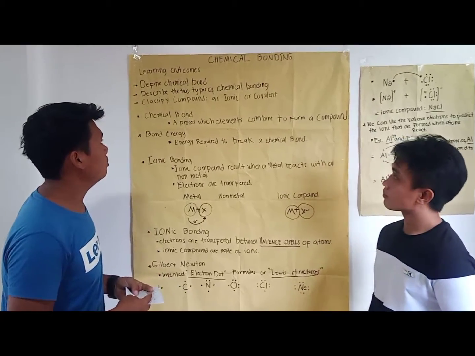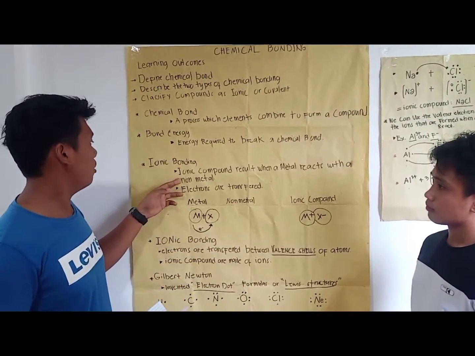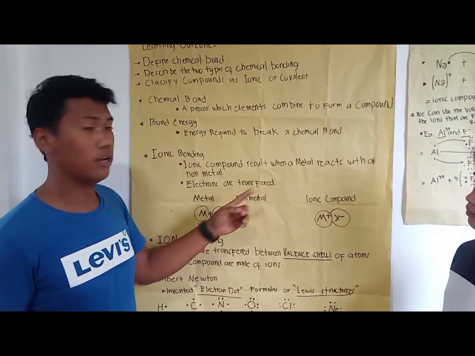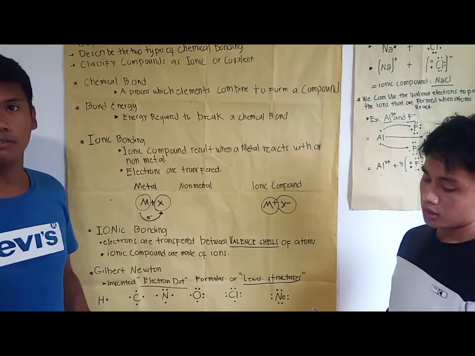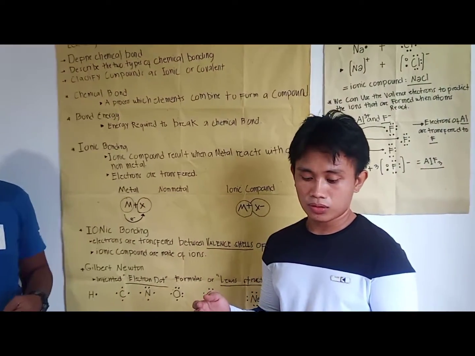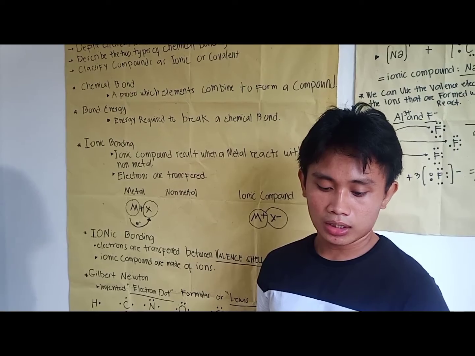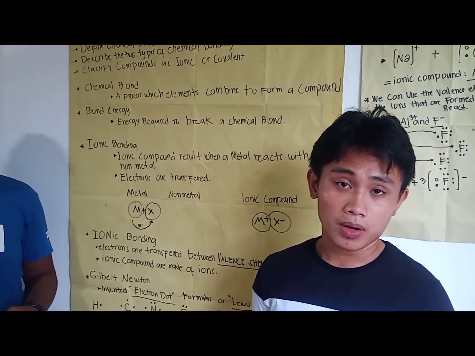Now, this is the first type of chemical bonding: ionic bonding. Ionic compounds result when a metal reacts with a non-metal and electrons are transferred. Ionic bonding, also called electrovalent bond, is a type of linkage formed from the electrostatic attraction between oppositely charged ions in a chemical compound.